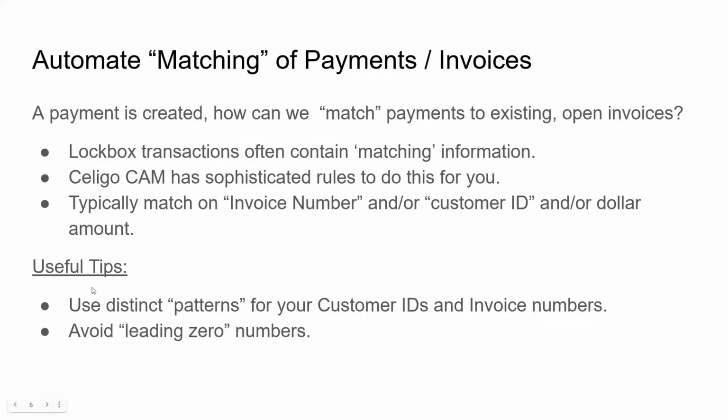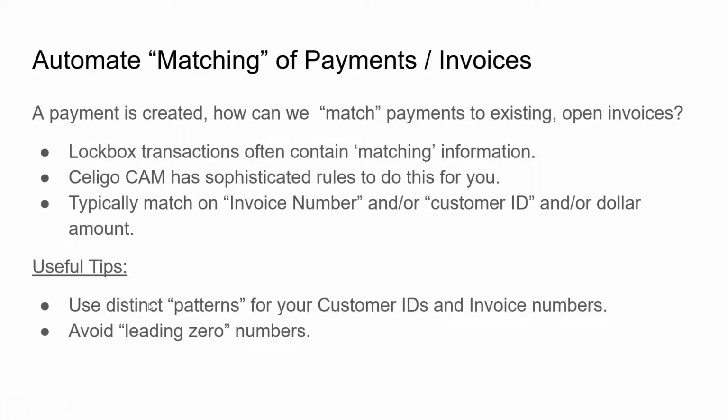So useful tips, if you pick up anything and you think you're going to use Cash App Manager or manumatic, or anything really for this receivables matching, please look at how you use customer IDs and invoice numbers in your NetSuite system and use distinct patterns. So for instance, if your customer IDs are 5 digits and your invoices are 5 digits, it's going to be really hard to know when you see a 5-digit number whether it's a customer or an invoice, unless your customer numbers always start with a 1 and your invoices don't.